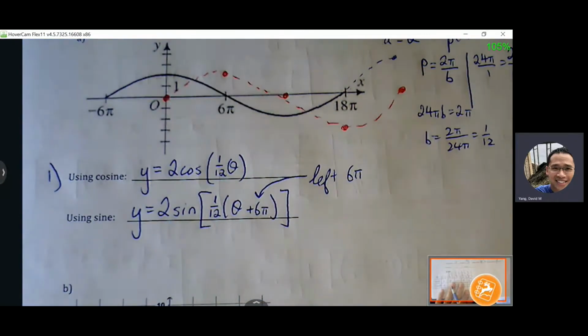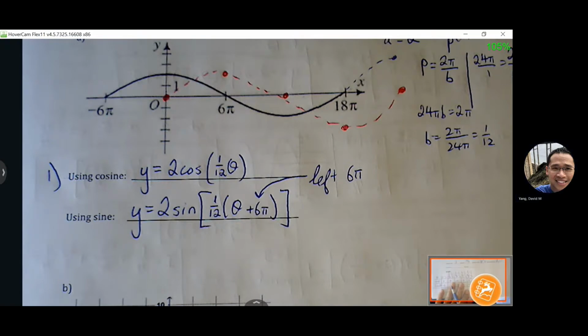Remember, you're going from dotted to solid, not from solid to dotted. That's where I see students make mistakes. They get their direction mixed up, because they're going the wrong direction, right? So remember, you're sitting at the dotted line and you're forcing that dotted line into the graph that you really want.